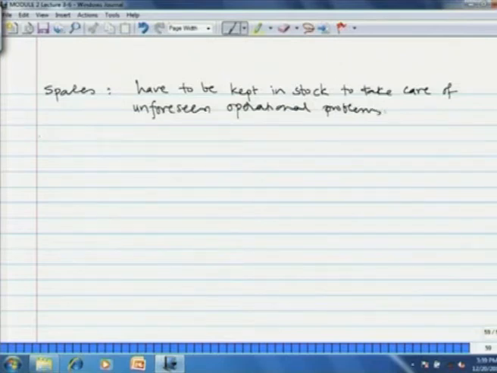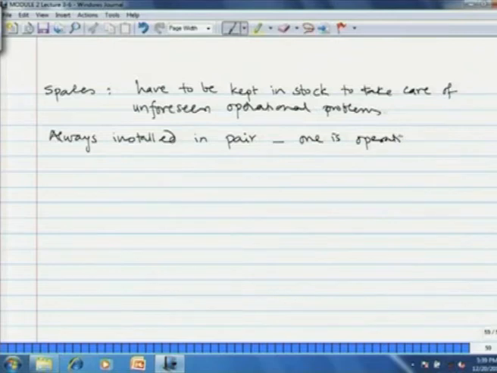Compressors are always installed in pair, where one is on stream or operational and another is standby. Moreover, it is a convention that compressors once installed have to operate at about 60% of the total load.